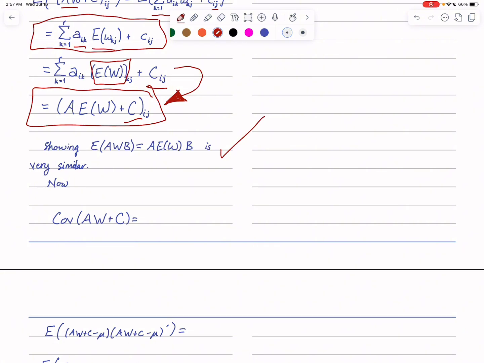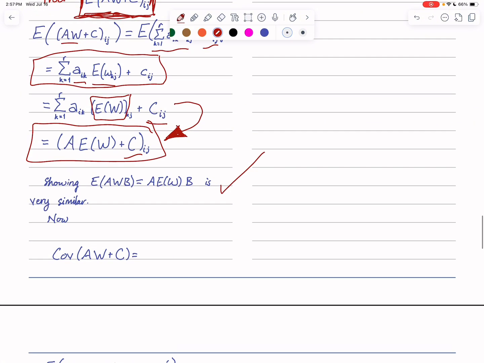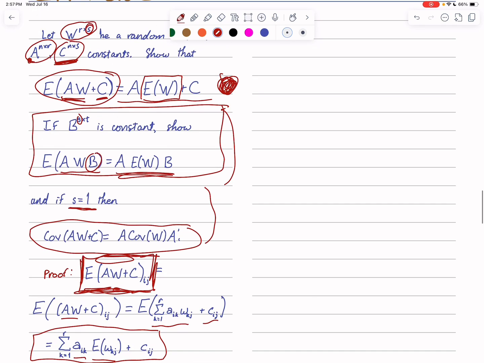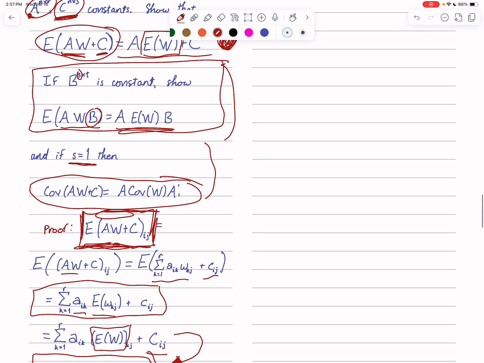But I will now start talking about the covariance of AW plus C, where right up here we see the claim that when S is equal to 1, so that W is a column vector, then we get this equation. So let's see what we can do here.